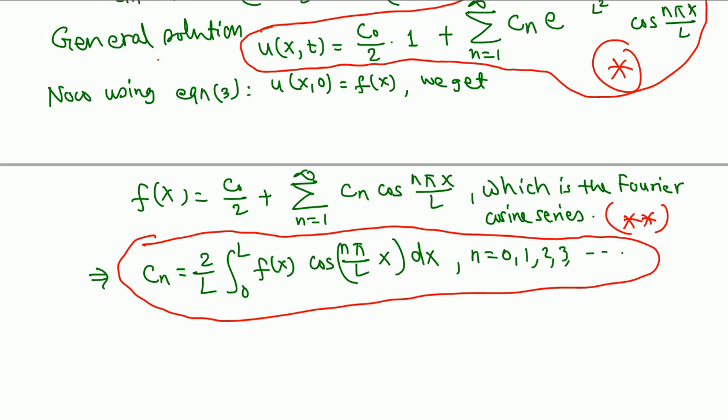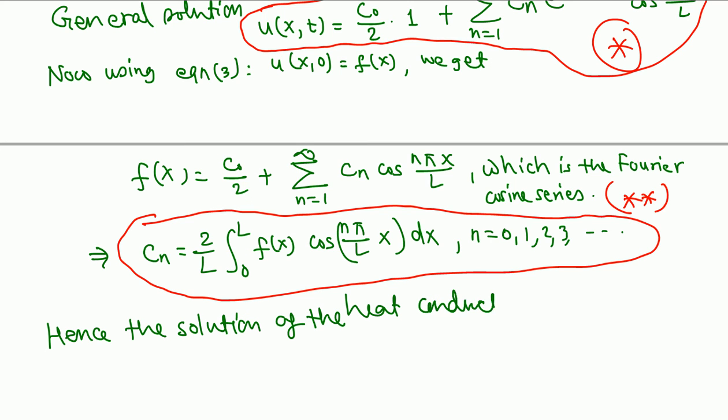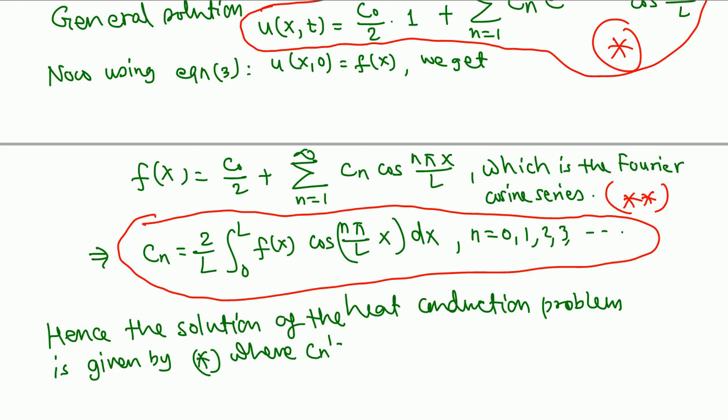Hence the solution of the original heat conduction problem is given by star, where those constants cn's, n is 0, 1, 2, 3, 4, etc., are found using double star. Final.